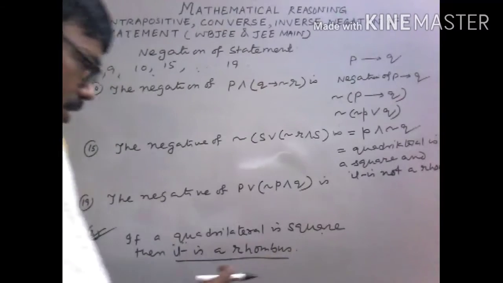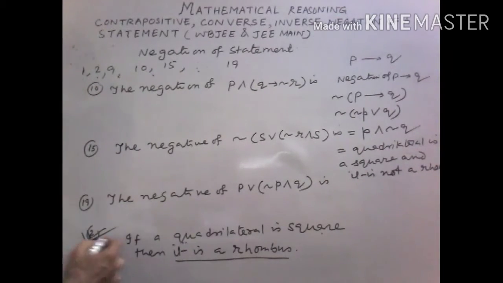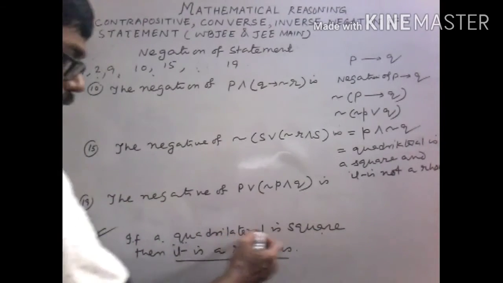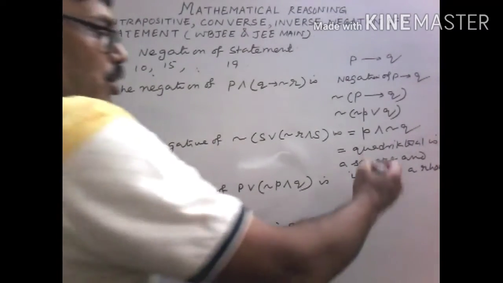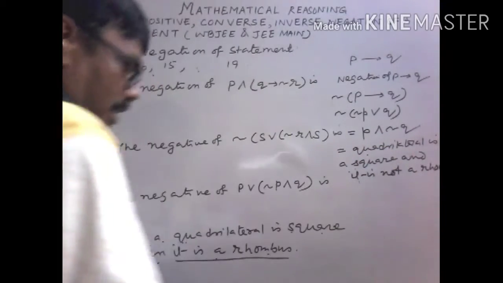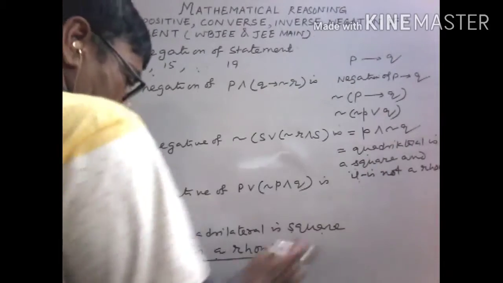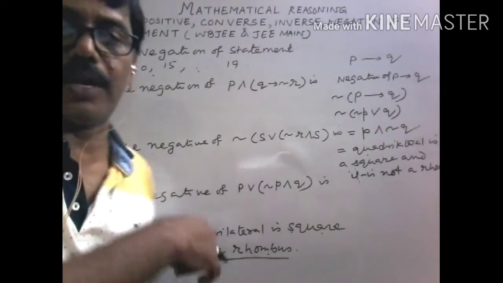Quadrilateral is a square and it is not a rhombus. So if a quadrilateral is a square, then it is a rhombus. What is the negation? Quadrilateral is a square and it is not a rhombus. So this is the negation of problem number 2.